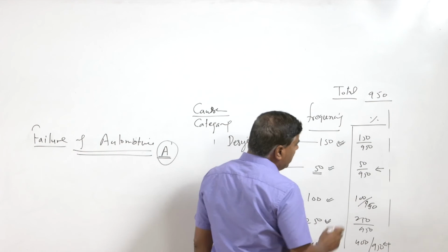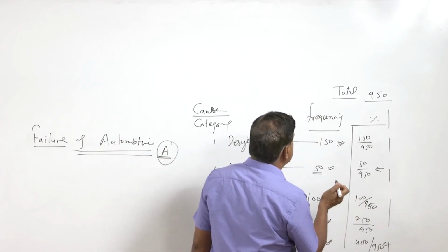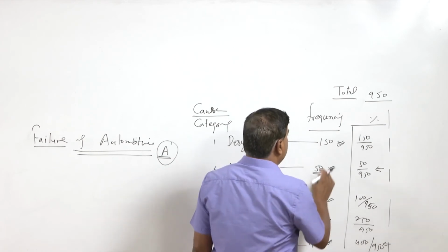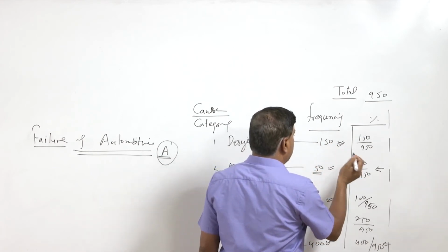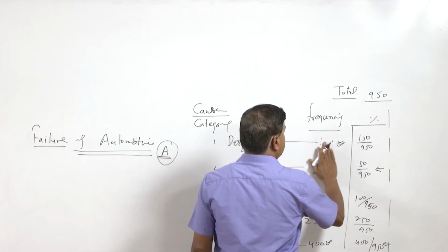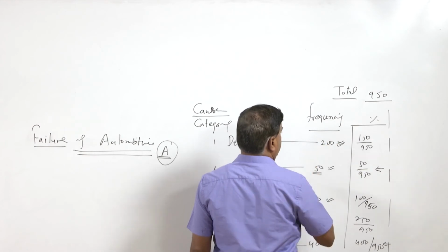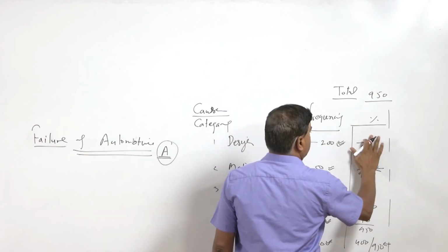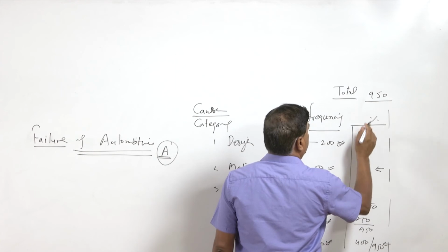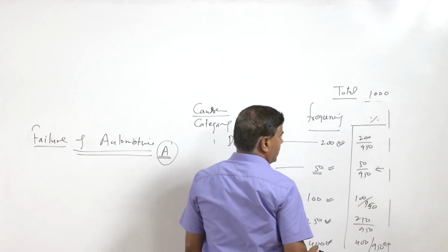So, actually this is making it complex. What we can do is round off some figures. Just for example, say design related failures were 200 times. So, 200 was the frequency, our total will change and it will increase to 1000.